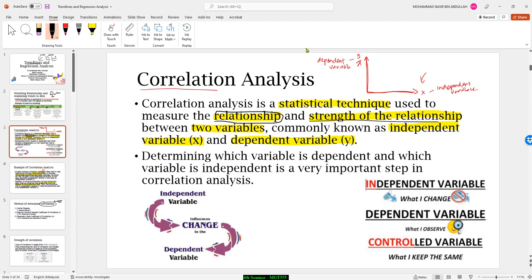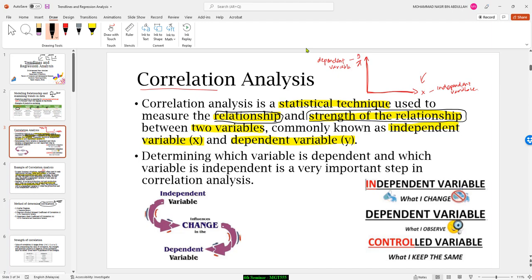How strong is the relationship? So we know there is a relationship between heart disease and number of cigarettes smoked, right? So how strong is the relationship? Is it very strong or moderate? So we want to measure it. If it is moderate, then it is not a very important variable or factor, right?